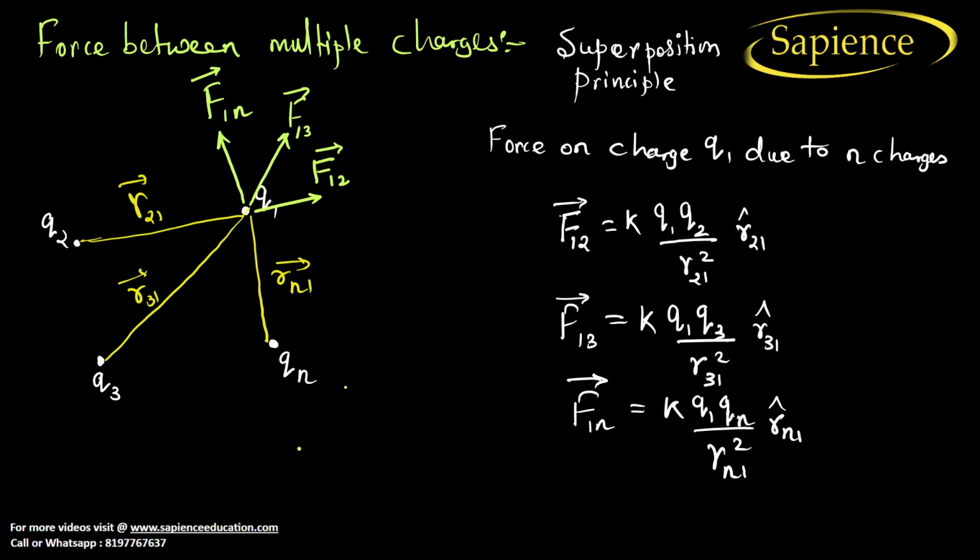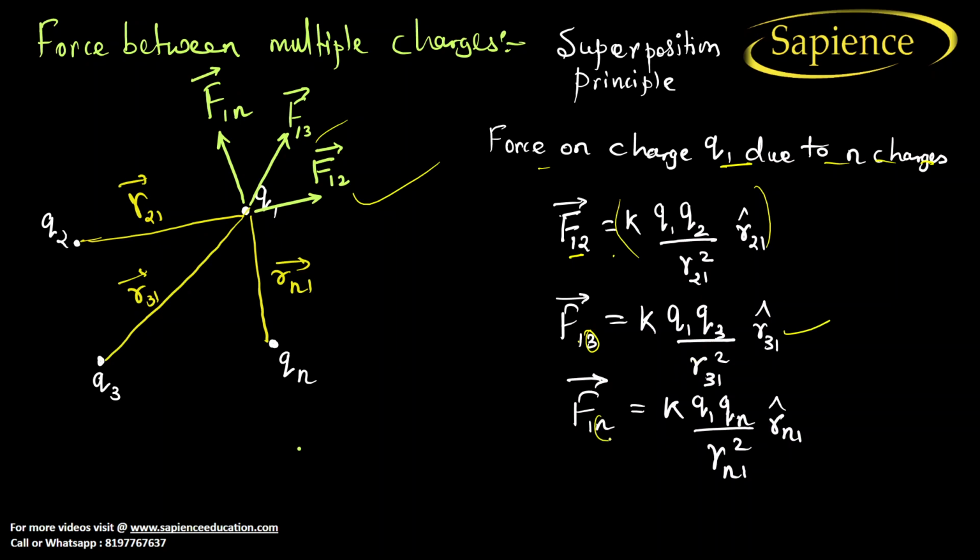Now we will talk about the basic things. You should always take it like this: force on a charge q1 due to n charges. Force on charge 1 due to charge 2 is equal to k q1 q2 by r21 squared. Force due to charge 3 on 1 is equal to k q1 q3 by r31 squared, as we have already done previously.